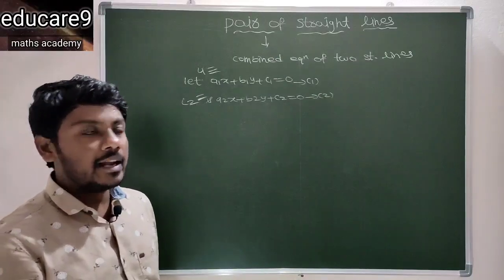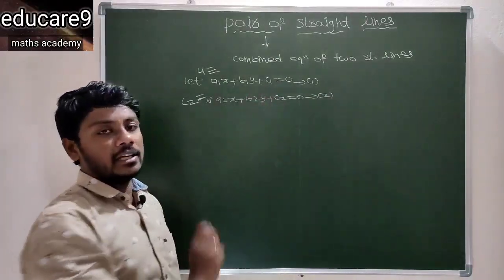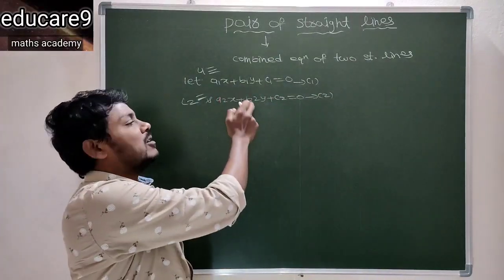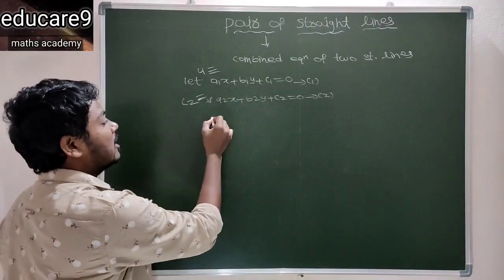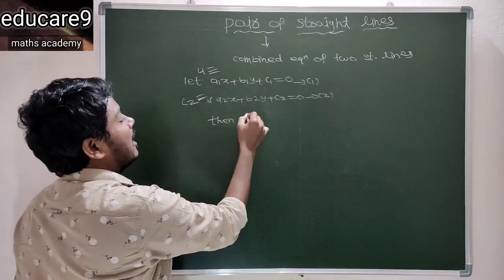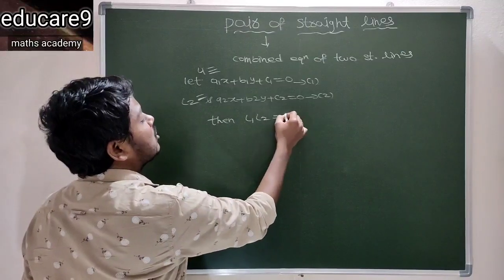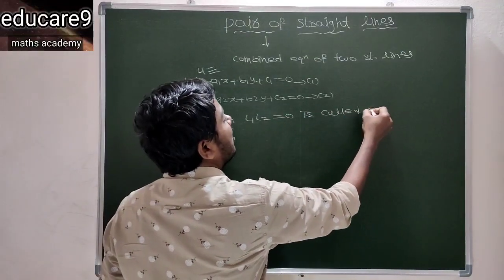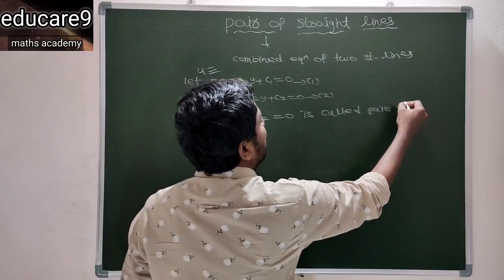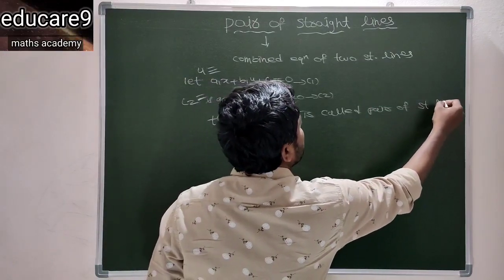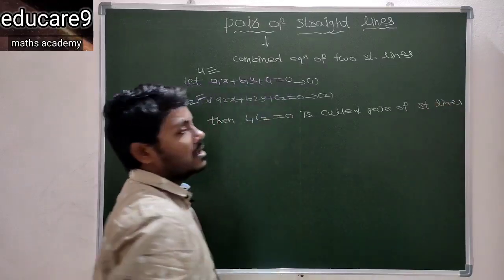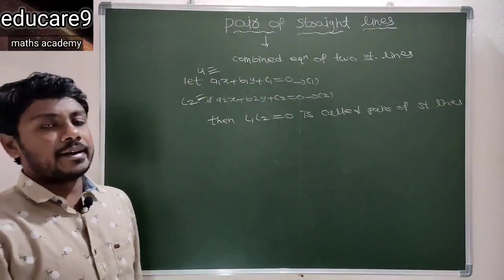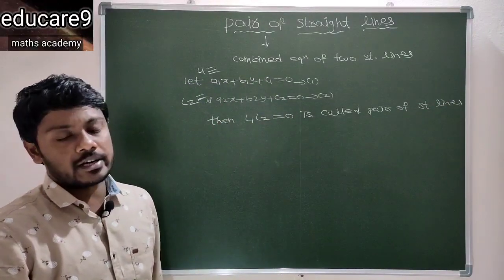Then the product of L1 and L2 is the combined equation of the two. L1 into L2 equals 0 is called a pair of straight lines. So this is the general definition of the pair of straight lines.